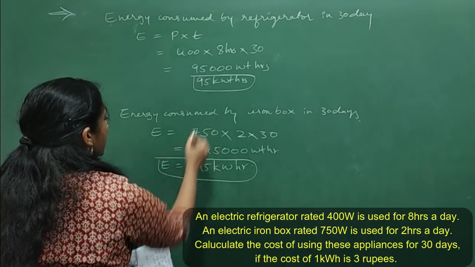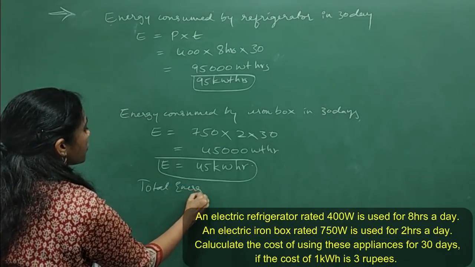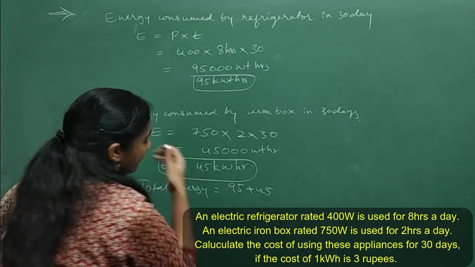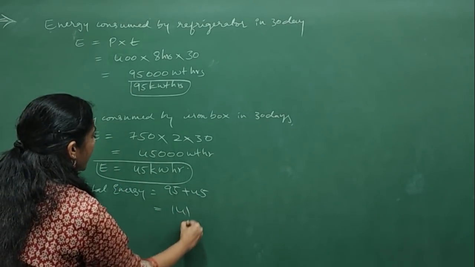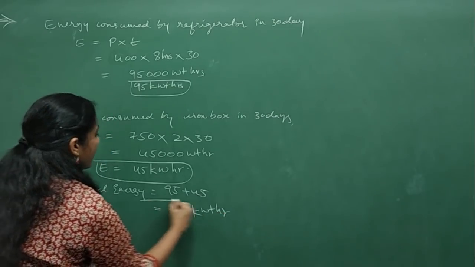So total energy is how much? So total energy consumption in 30 days is 96 plus 45, 141 kilowatt hour, right? Fine.